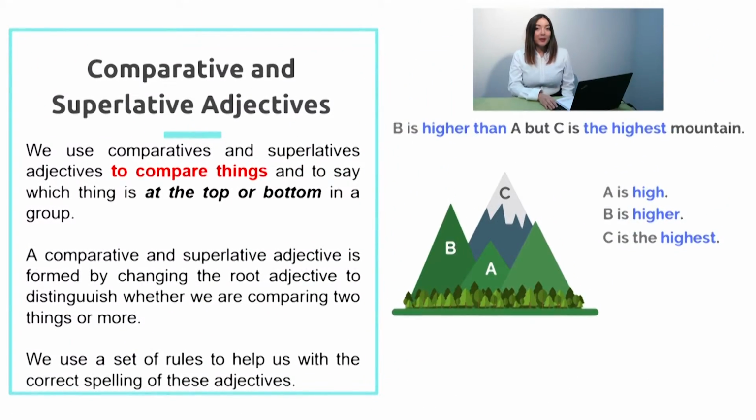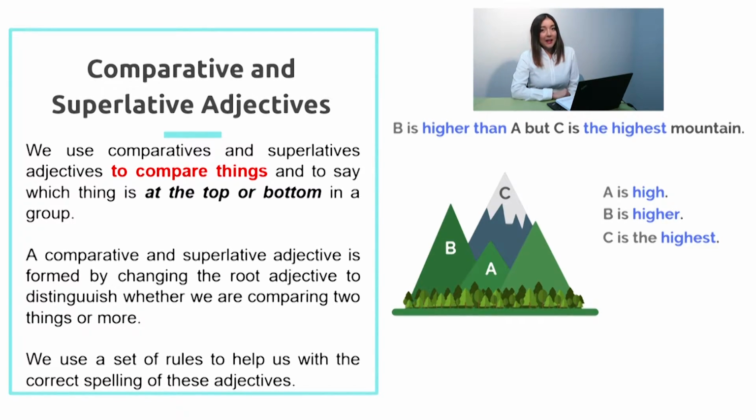When we talk about comparative and superlative adjectives, we are looking to compare things and say which thing is at the top or bottom, the best or worst. A comparative and superlative adjective is formed by changing the root adjective to distinguish whether we are comparing two things or more.